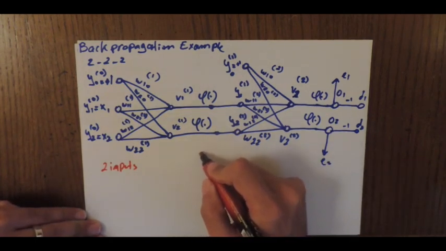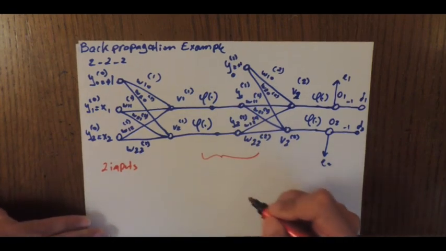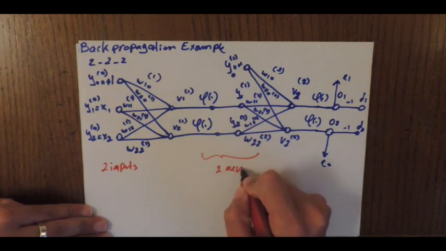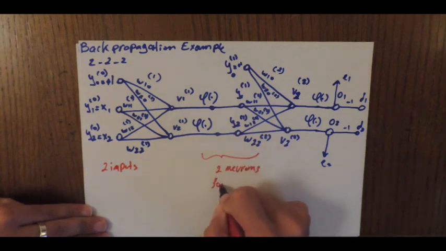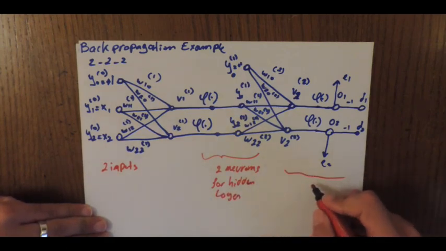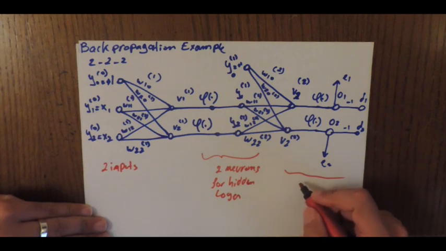This is the first layer. So we have here also two neurons for hidden layer, and we have here the output, which also constitutes of two neurons for output.